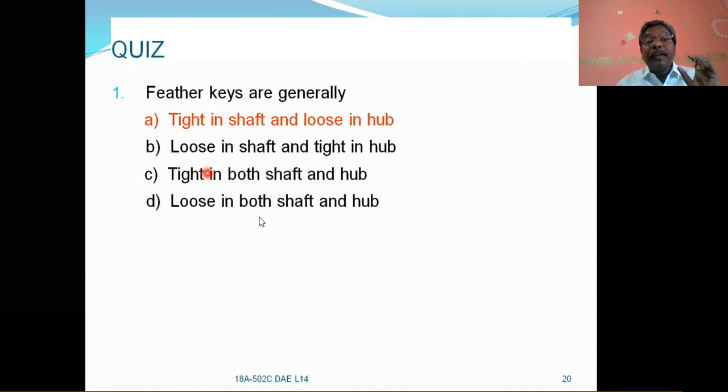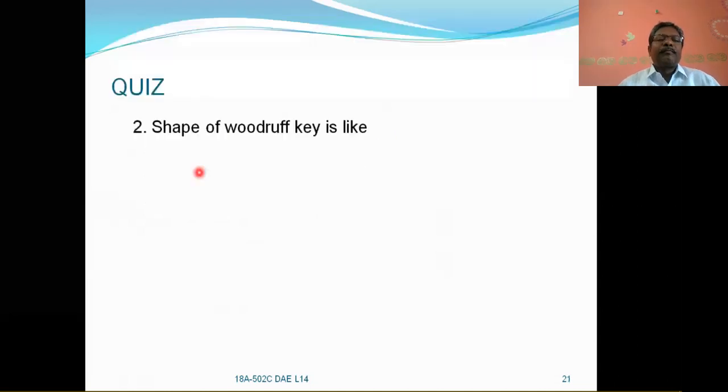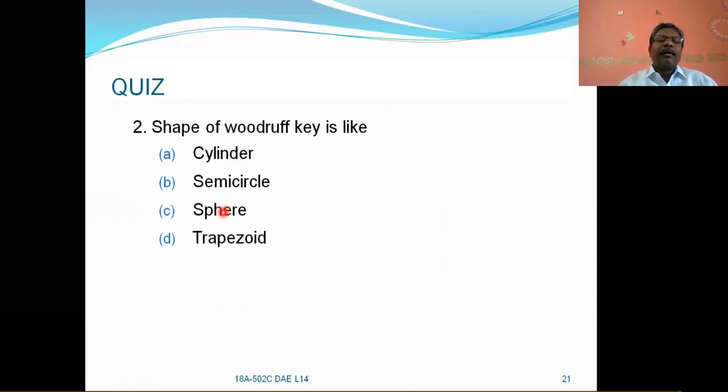So it is fitted to the shaft and loose in the hub. That's why as per the movement of the shaft, this will move, right? And the shape of the Woodruff key is like a cylinder, semicircular, square, trapezoid.